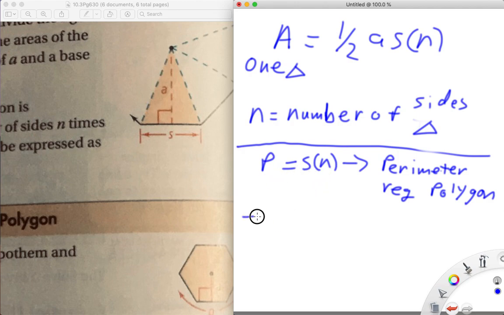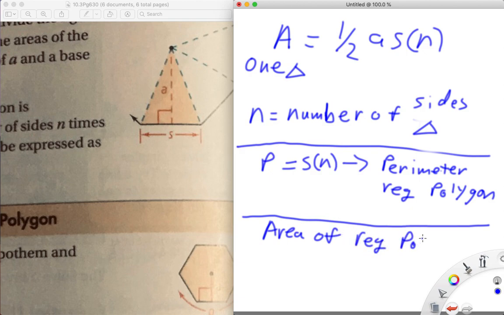So our final equation, the equation that the book gives, in order for us to find the area of a regular polygon, is that the area of a regular polygon is 1/2 the apothem times the perimeter, where the perimeter is the number of sides times the side itself of one triangle.